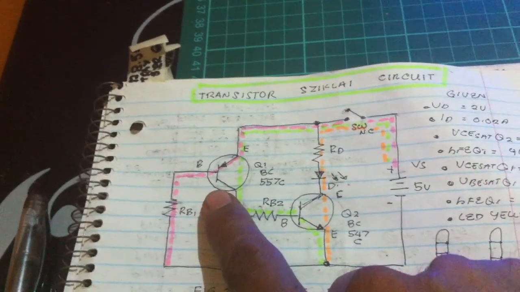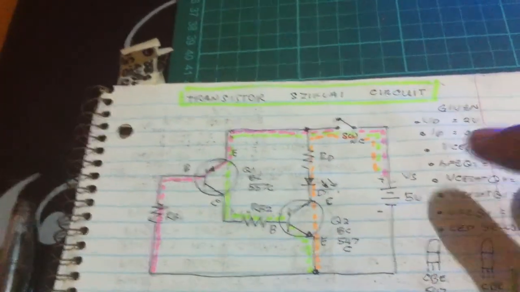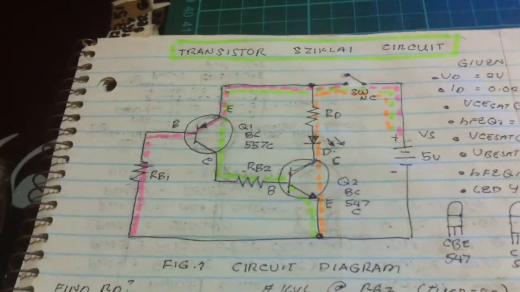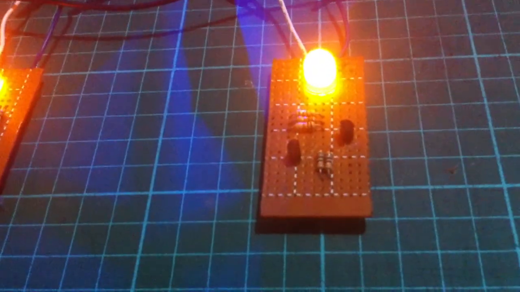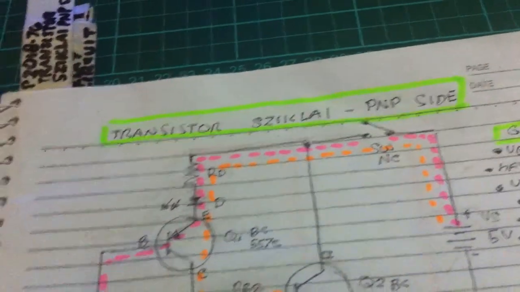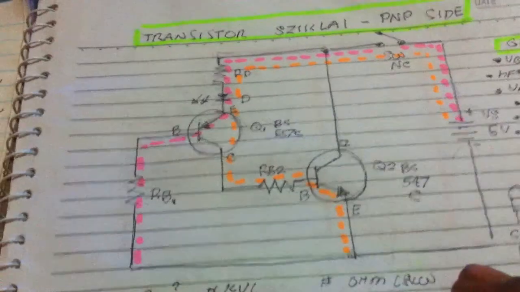Transistor 1 and transistor 2 should be on to turn this LED on. This is the cyclic circuit, and the circuit of this one is the transistor cyclic PNP side.